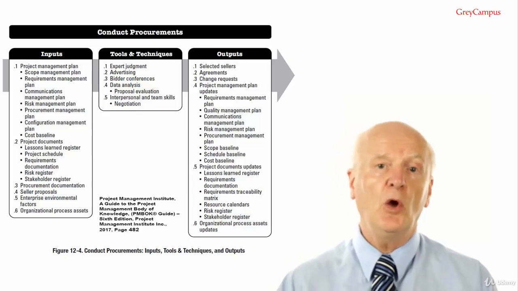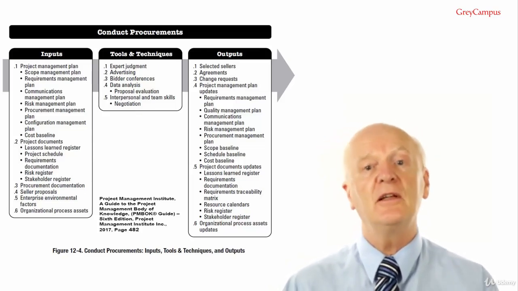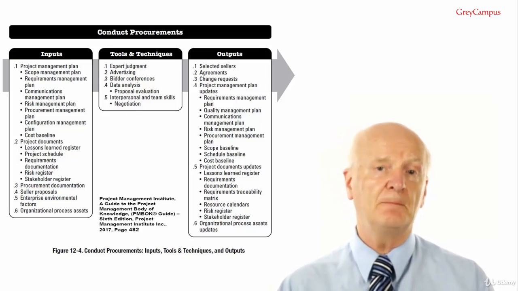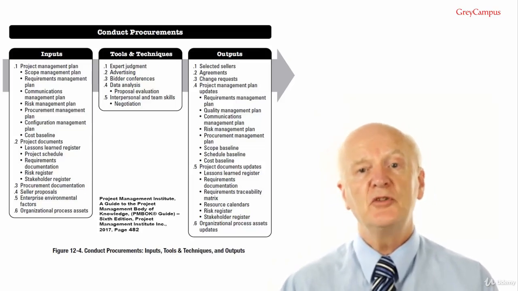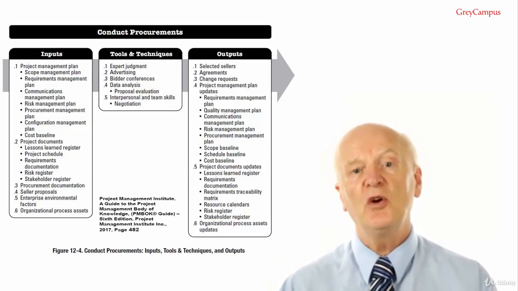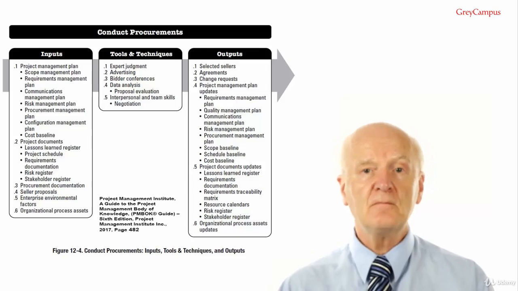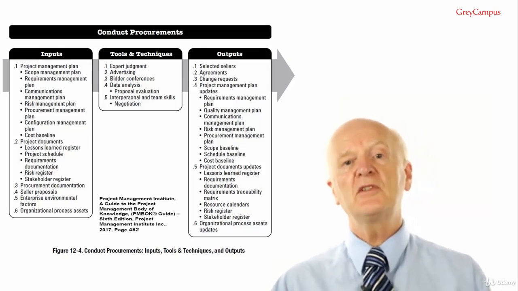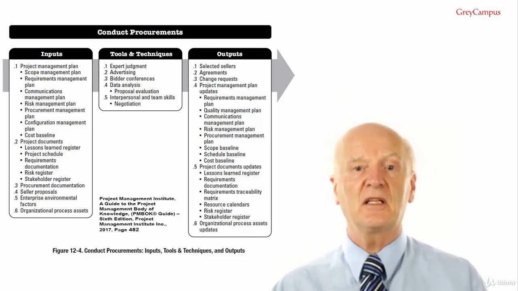Resource calendars may need to be updated and probably will need to be updated depending on the availability of the seller's team. Risk register. Changes are made during the contracting process which reflect the specific risks of each seller. A stakeholder register. This document contains all the details about the identified stakeholders.